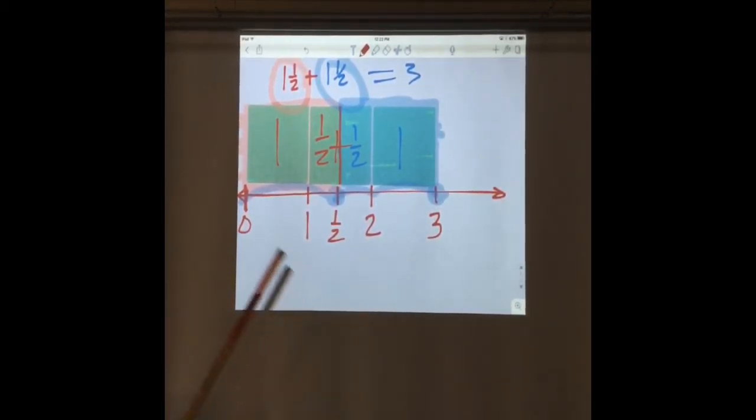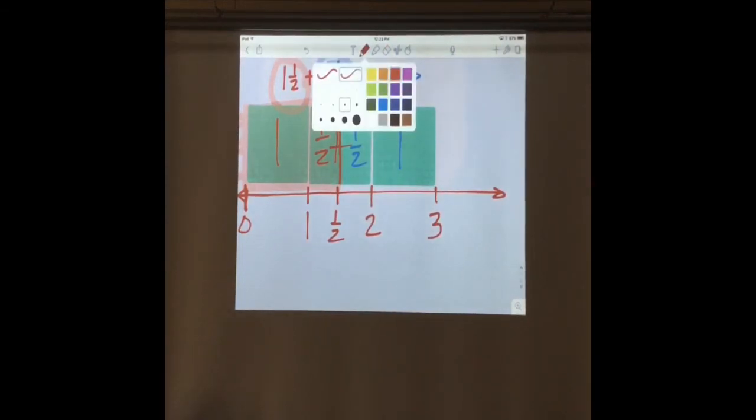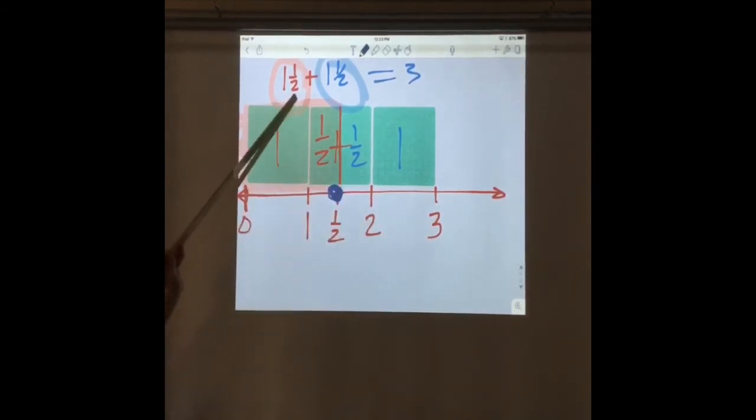And we can show that on a number line by going, we could have started like this. I'm going to show it on my number line, and should I use a different color? Yes. Let me use dark blue. What did I start with up here? 1.5, and I'm going to add 1.5, right?